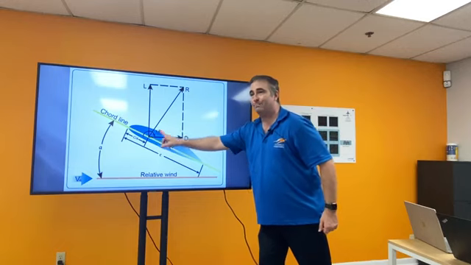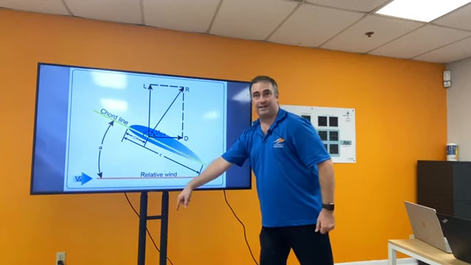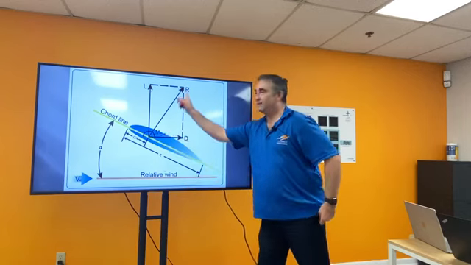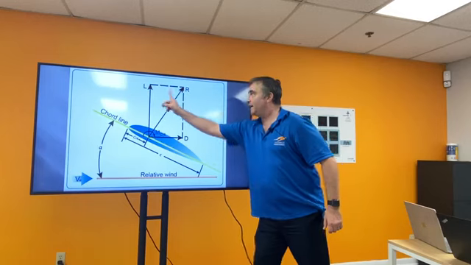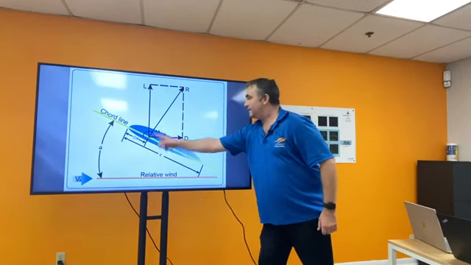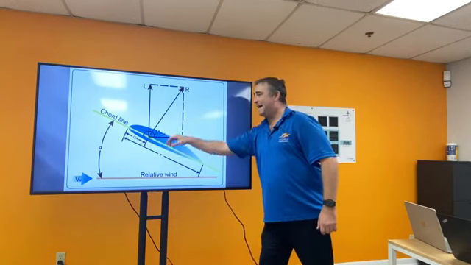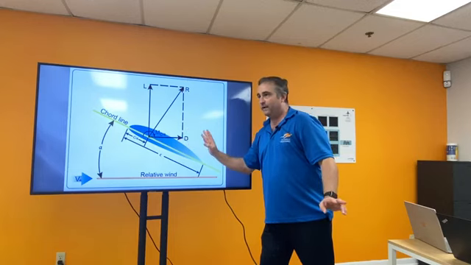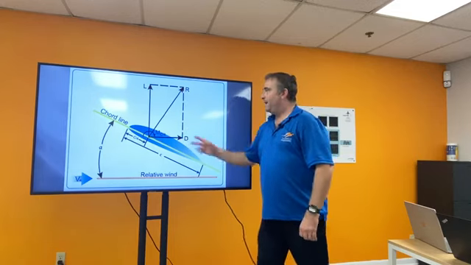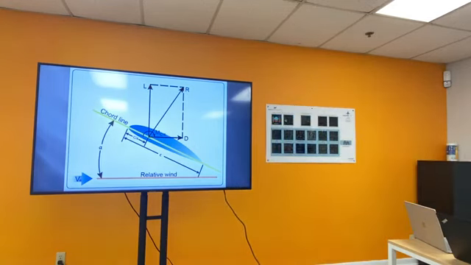It breaks into components: lift opposite weight, and lift opposite thrust, which essentially adds into the drag vector. That's the foundation for aerodynamics, just a real skimming overview.